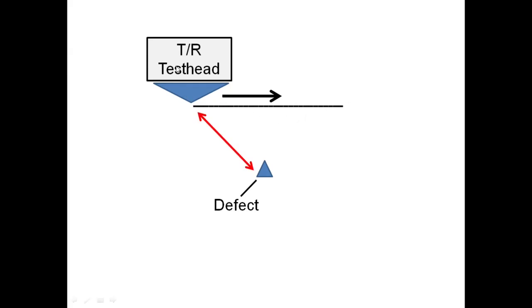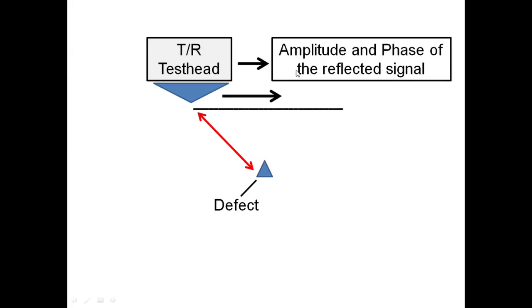Well, the transmitter in the test head through the antenna is radiating into all directions. One ray hits the defect and is reflected back and received by the receiver, and the receiver gives a signal representing the amplitude and the phase of the reflected signal.